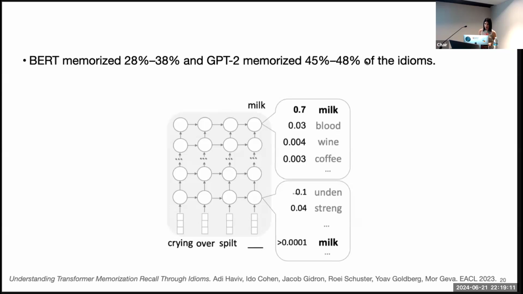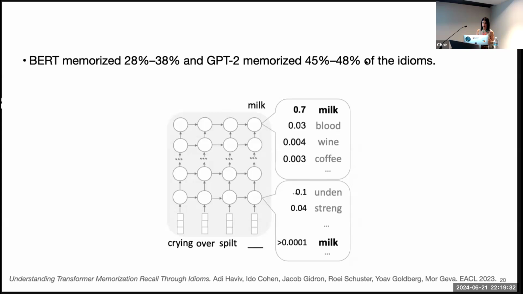from Adi Chaviv. She showed that LLMs memorize idioms. Idioms were the means here, not the goal. She chose idioms as fixed expressions to show the extent that LLMs memorize.